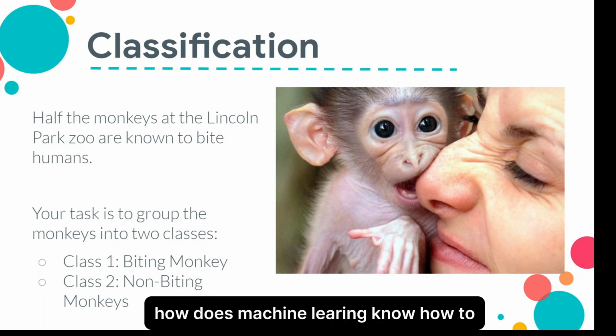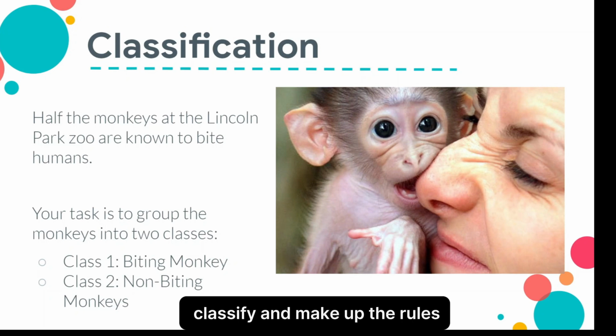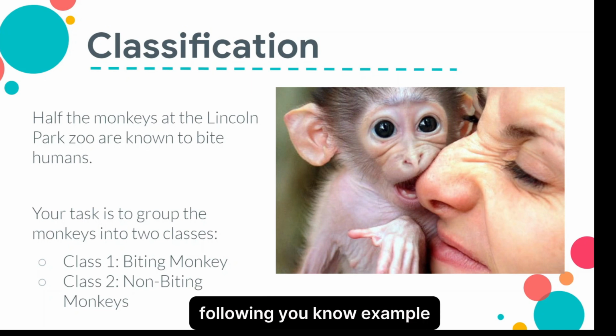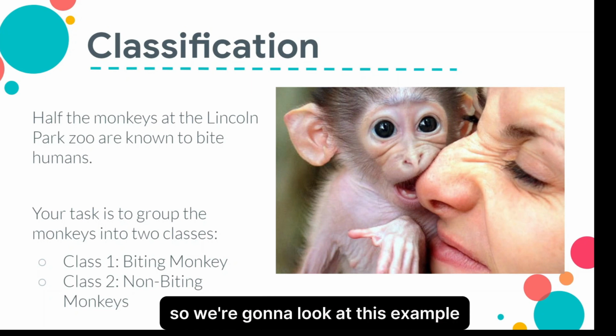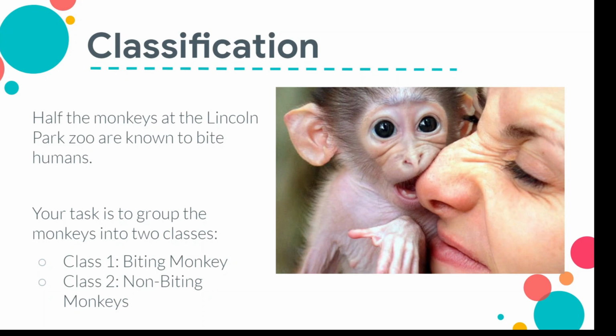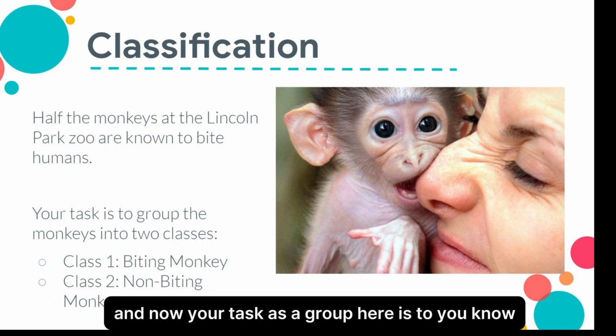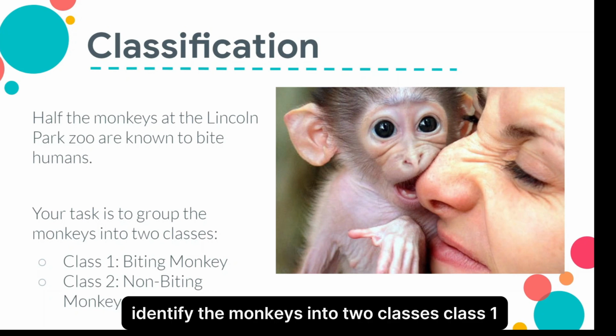So how does machine learning know how to classify and make up the rules by following examples? We're going to look at this example. Half the monkeys at the Lincoln Park Zoo are known to bite human beings, and now your task as a group is to identify the monkeys into two classes.